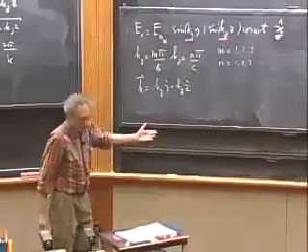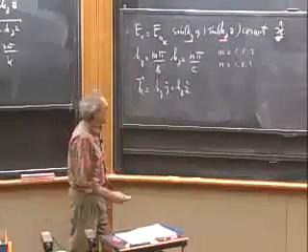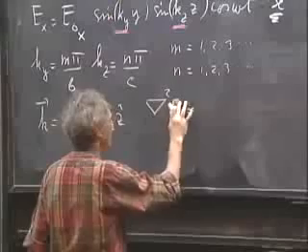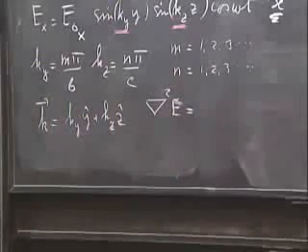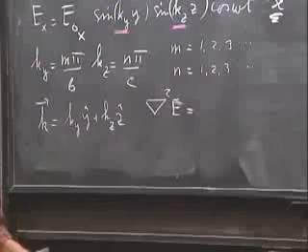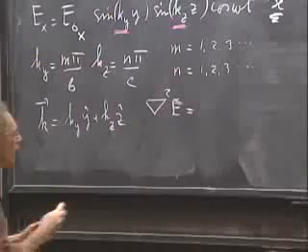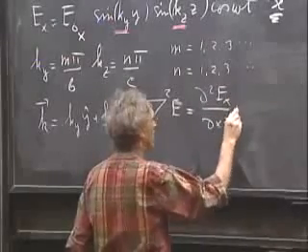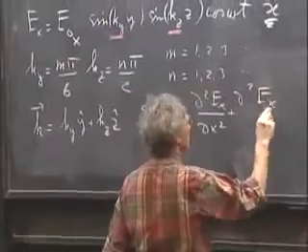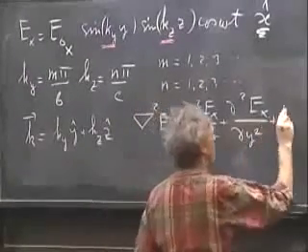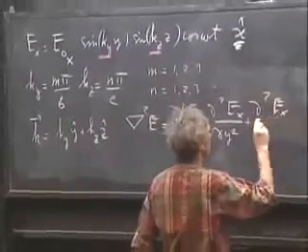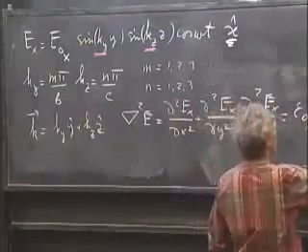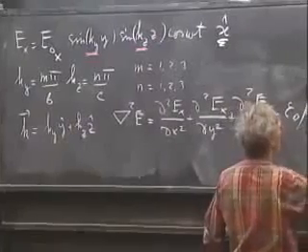The wave equation, del squared E, if I apply the wave equation now only to the x component, of course we should also apply it to the y and the z component, I only do it now to the x component, then we get d2 Ex dx squared plus d2 Ex dy squared plus d2 Ex dz squared equals epsilon 0 mu 0 times d2 Ex dt squared.